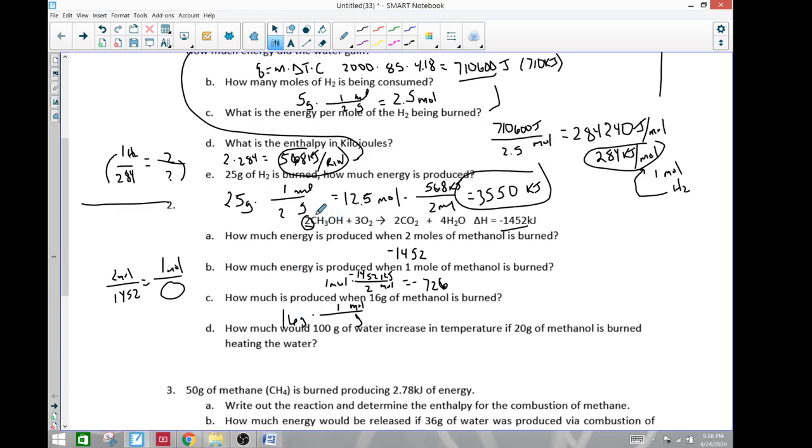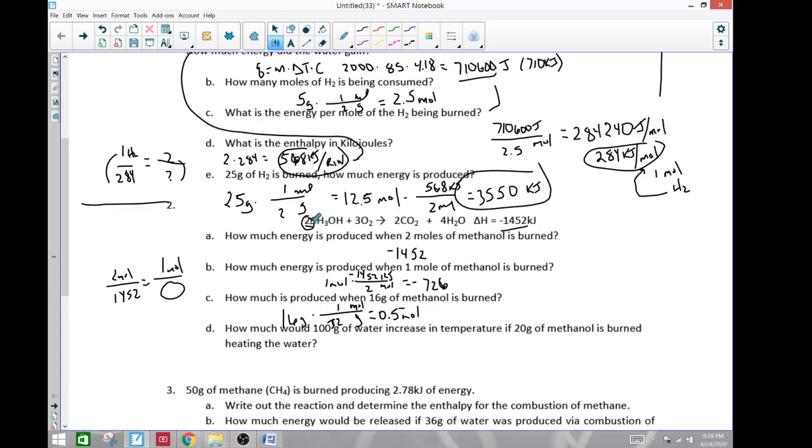The carbon is going to give us 12 plus 3 for the hydrogen plus 16 plus 1 more for the hydrogen is 32. Okay, so 16 divided by 32 looks like that's about half a mole. So 0.5 moles.